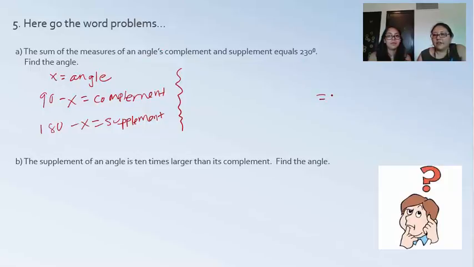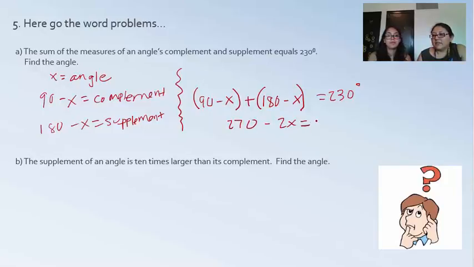So we have the complement, which is 90 minus x, plus the supplement, 180 minus x, and that equals 230. If you solve this, you should be able to find the angle. Again, 180 plus 90 would be 270 minus 2x equals 230. So you should be able to find the angle after you solve for x.